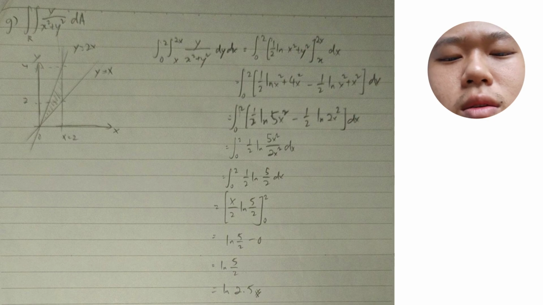And since in this question z equals y over x squared plus y squared, for dA it can be dx dy or dy dx, but I prefer dy dx because the integration has one special property. If the numerator is similar to the derivative of the denominator, you can use ln.